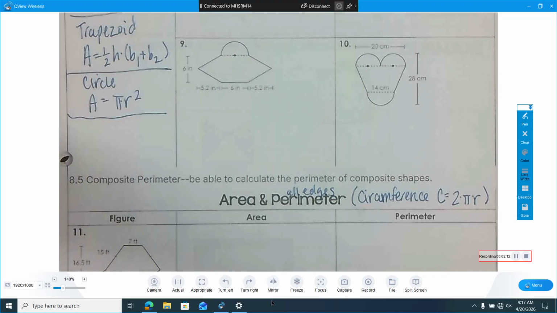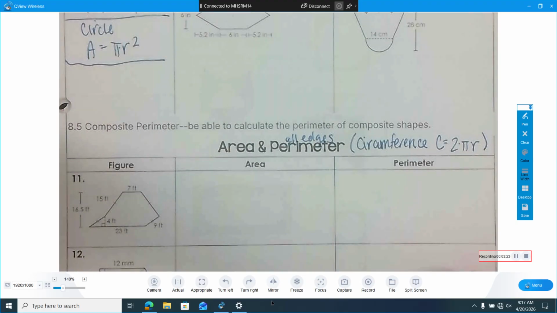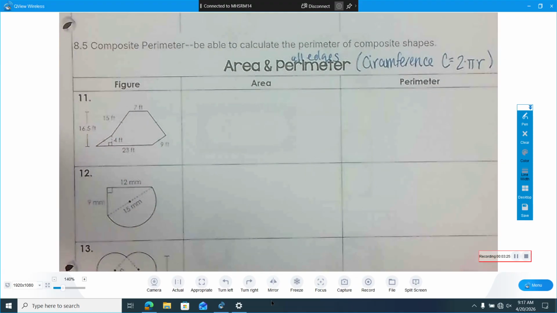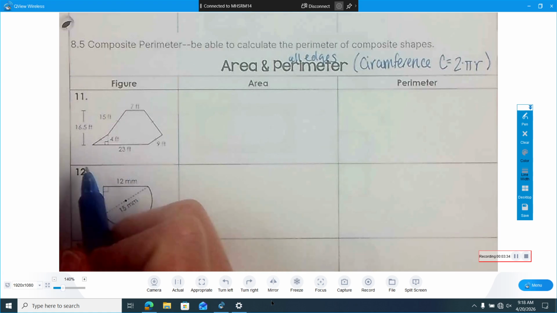And these are pretty complicated looking. So they are a little bit challenging, but the ones in Delta Math are not terrible. This number 11 has some craziness going on here.